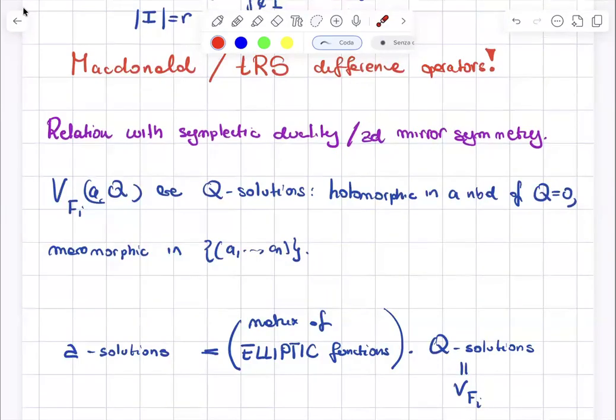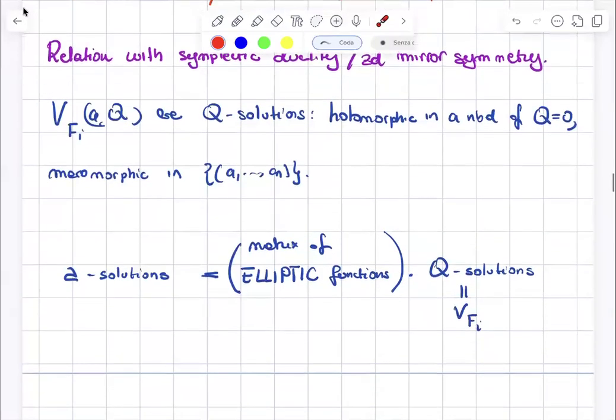And this matrix, since it's a matrix relating different bases of solutions of a system of difference equations, has to be periodic with respect to the shift of the difference equations. So it has to be some sort of elliptic function, or let's say a matrix of elliptic functions.